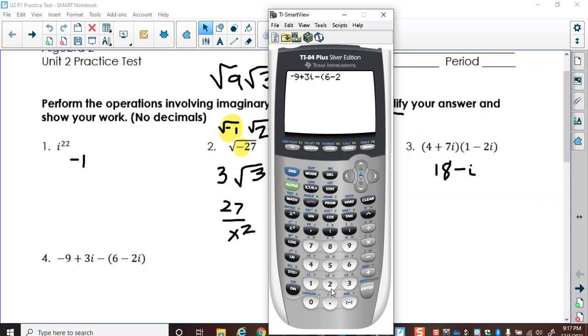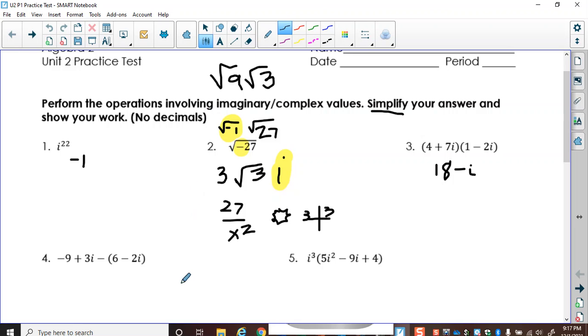So second decimal to get my i. All right, so this would be -15 plus 5i.